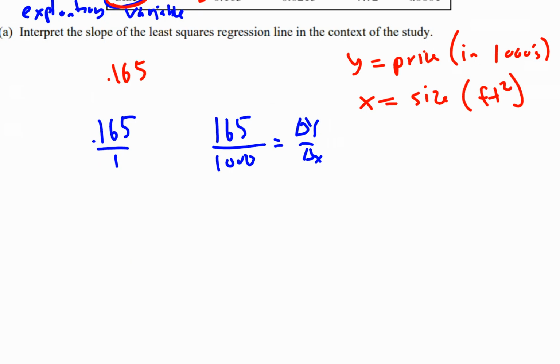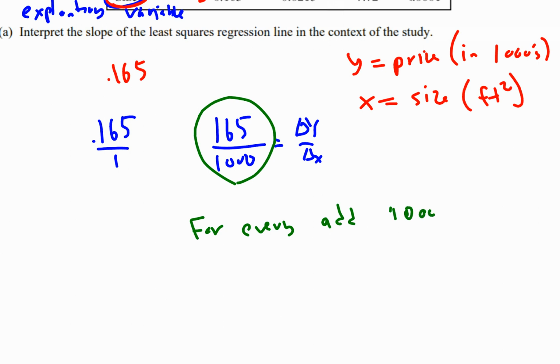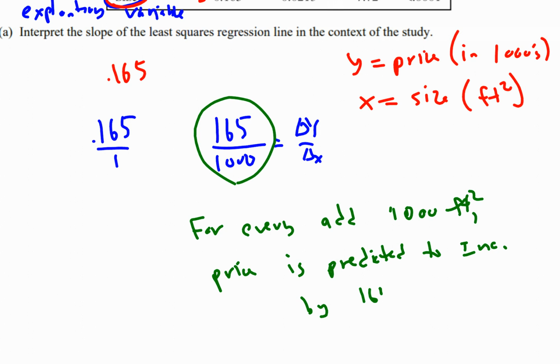So if we were looking at this version of the slope, we'd say for every additional 1,000 square feet of size, the price is predicted, and you want to use the word predicted here, to increase by $165,000. So that's an interpretation.